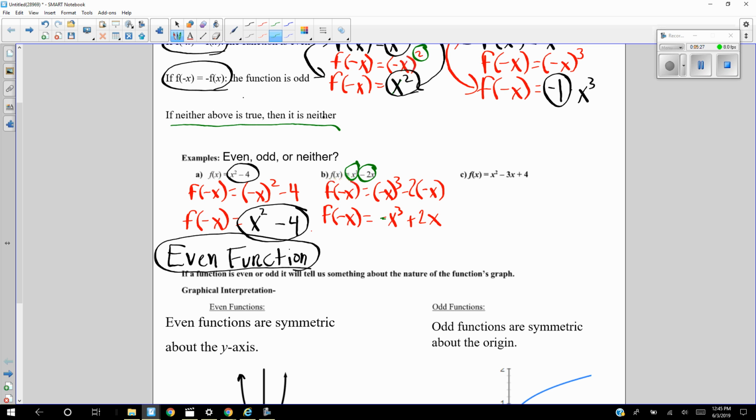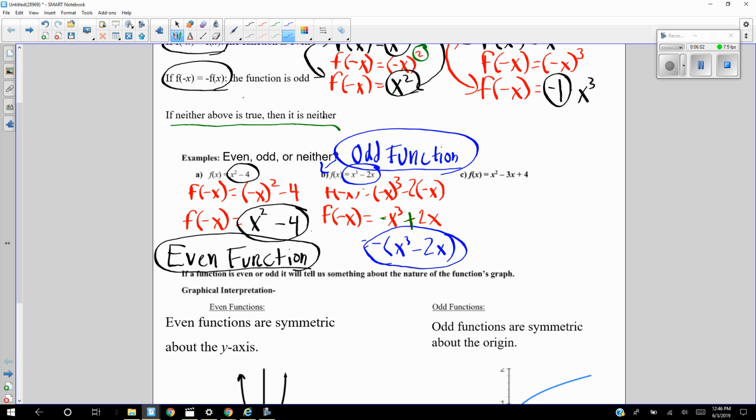This is a negative 2x, that's a positive 2x. Now the technical algebraic way to do this is to factor out a negative 1. And then when you factor out that negative 1, you can see that our end result is the exact opposite of the original function. So since it's the exact opposite, this is an odd function. I don't really have space to put it anywhere, so I'll just put it here. So letter B is an odd function.